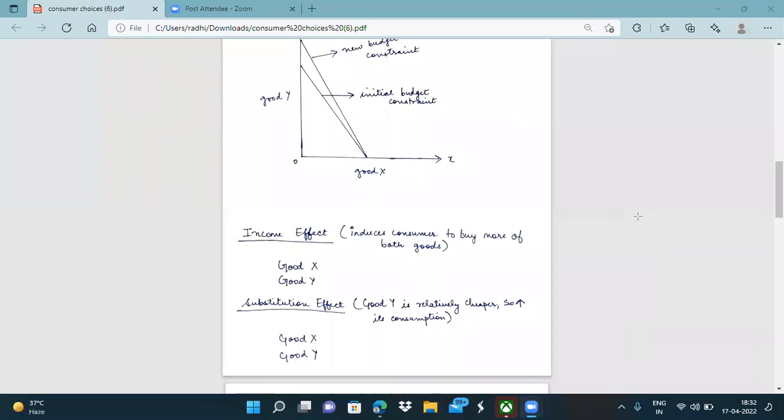Now let us take a look at what the price effect will state. So we know that there are two types of effects in price effect, the income effect and the substitution effect.